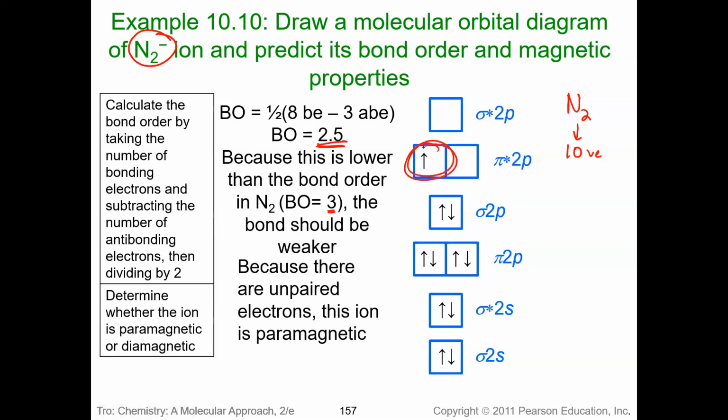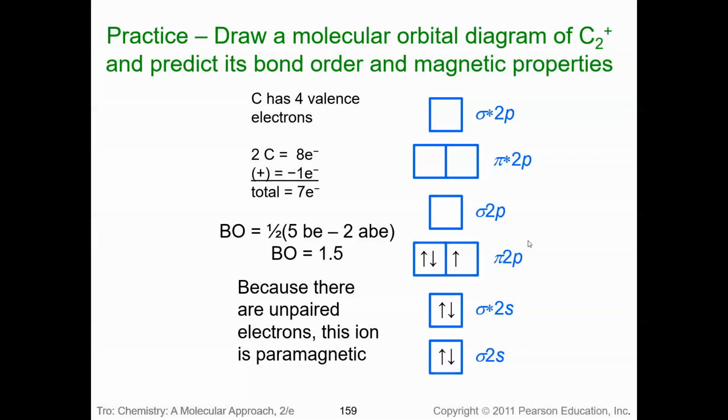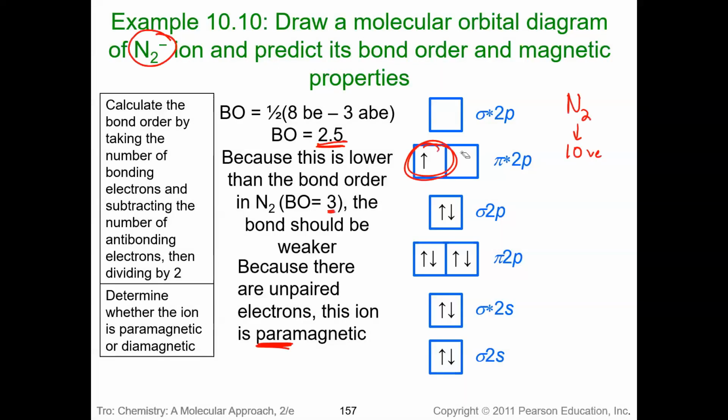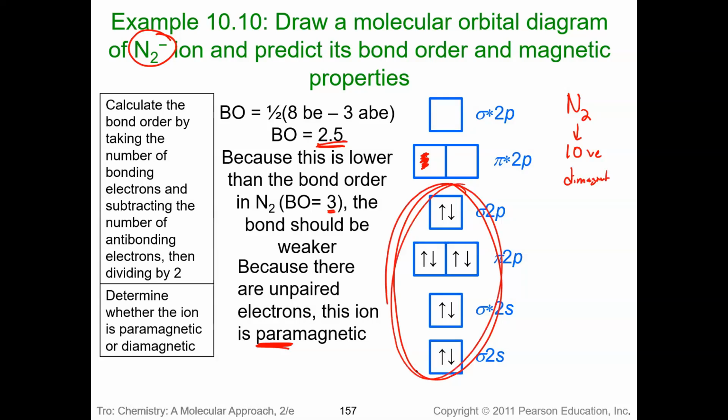Because this has an unpaired electron, this would be paramagnetic. If we go back to our nitrogen, this was our nitrogen. Nitrogen would be diamagnetic because they're all paired. So you see the difference: paramagnetic has an unpaired electron; diamagnetic, they're all paired.